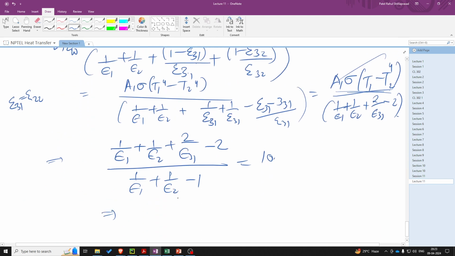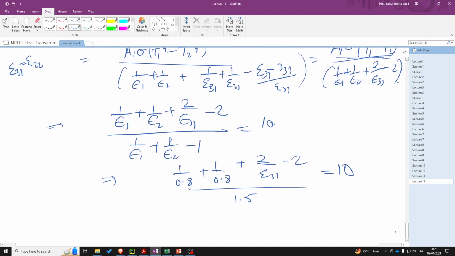So epsilon 1 and epsilon 2 both are equal to 0.8. Plus 2 upon epsilon 3 minus 2, upon 1 upon 0.8, which is 1.25, plus 1.25, minus 1, that is 2.5 minus 1, so this is equal to 1.5, is equal to 10.